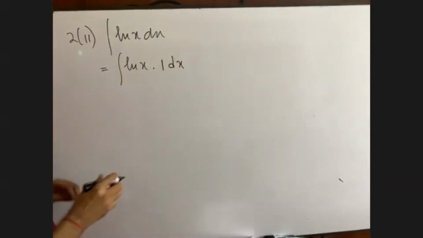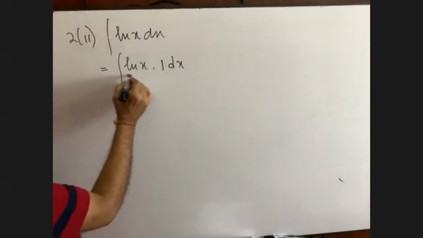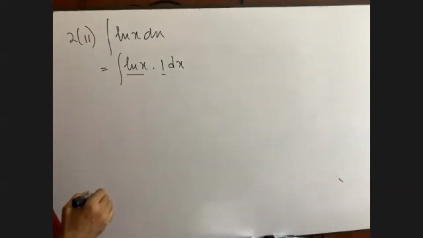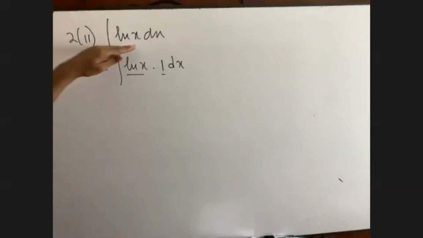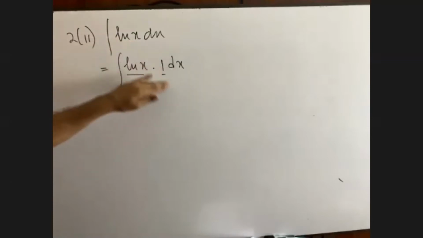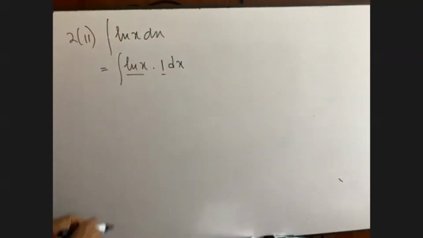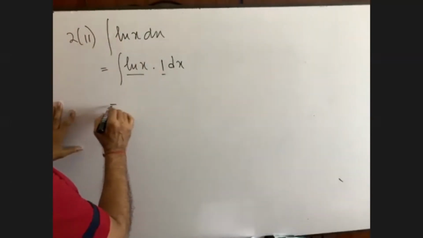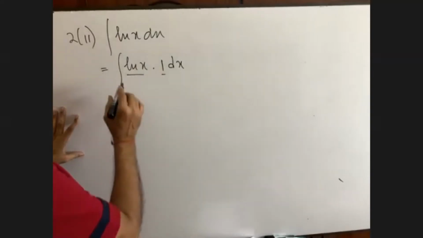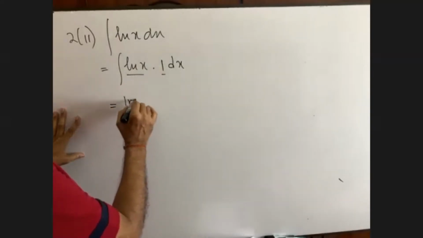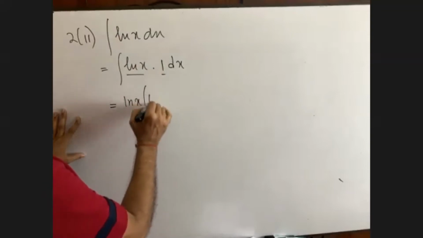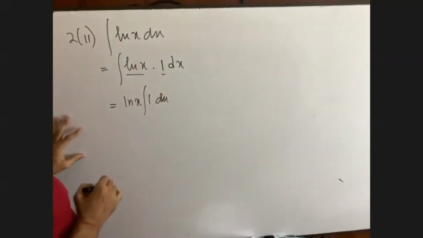Here v is 1. It is u and it is v. There is no v here. Now what is the formula? Write down ln x times the integral of 1 dx, right?